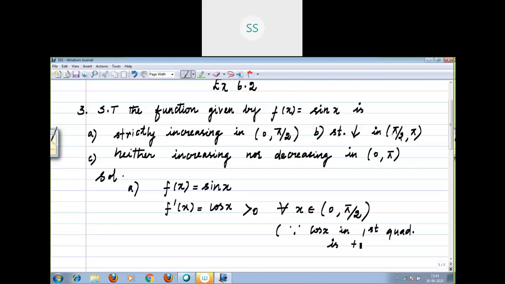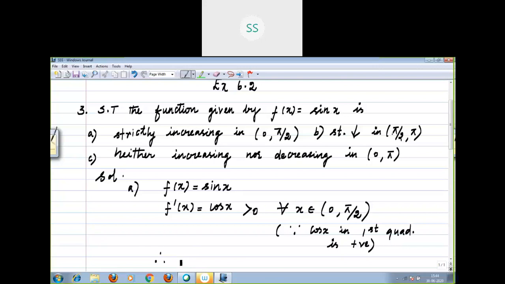Not only cos x, all the trigonometry functions, if they lie in the first quadrant, are positive. Positive means greater than 0. Therefore, I told you, if the derivative is greater than 0, the function is strictly increasing.